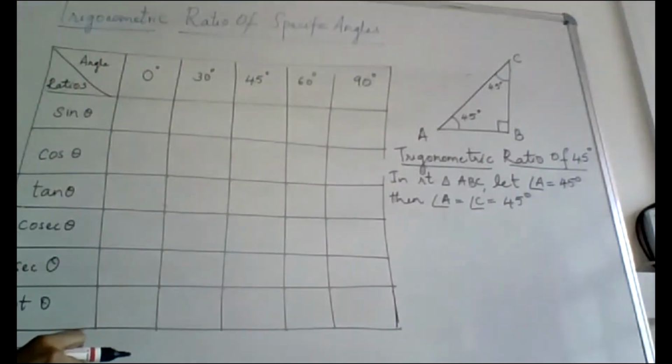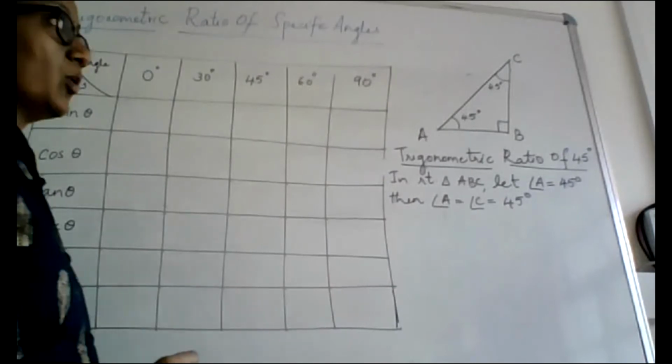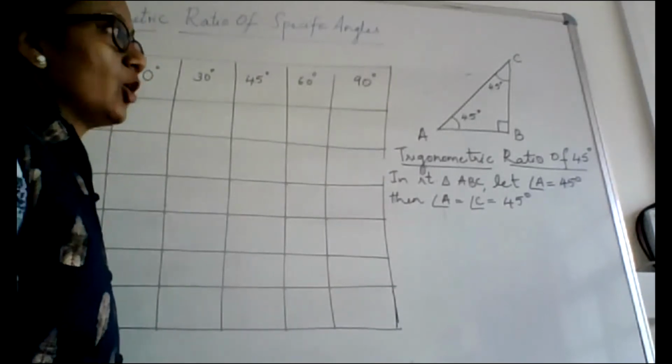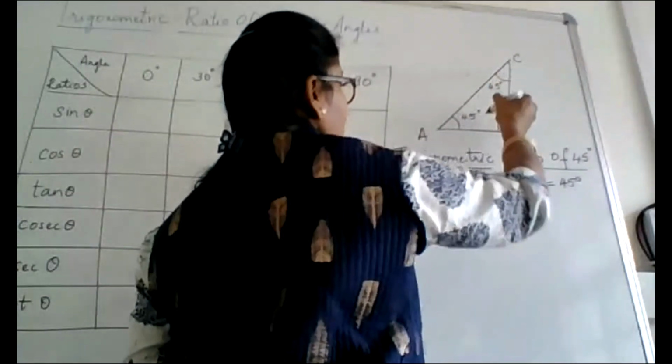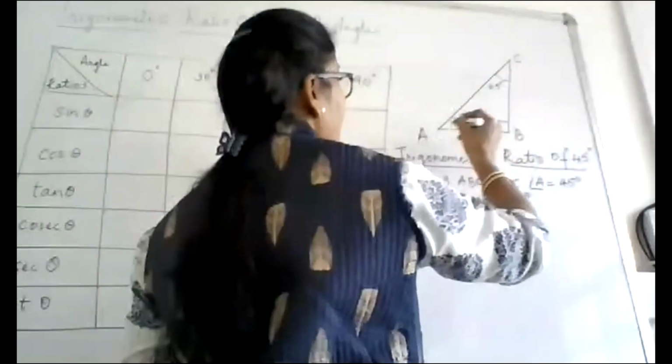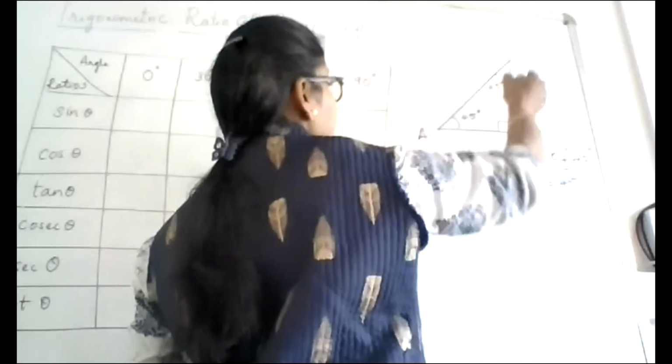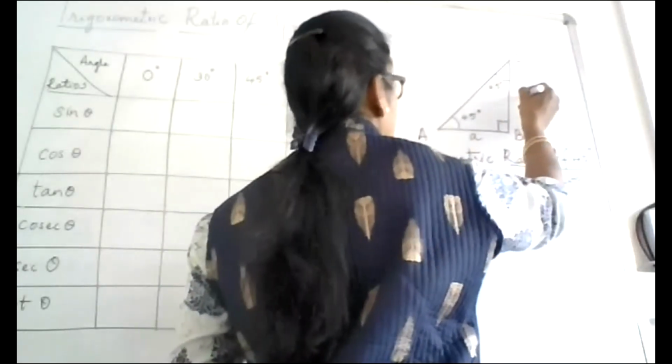Now if my angle A and angle C have become equal, then the sides opposite to them, so side opposite to angle C is AB and the side opposite to angle A is BC, they also will become equal.